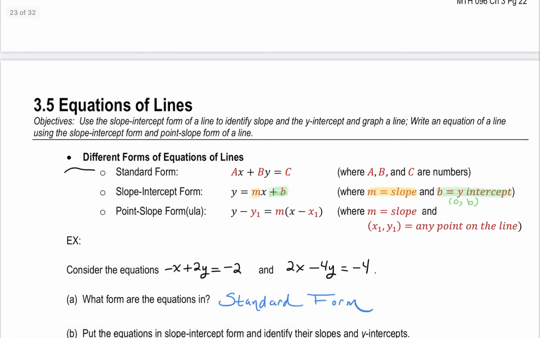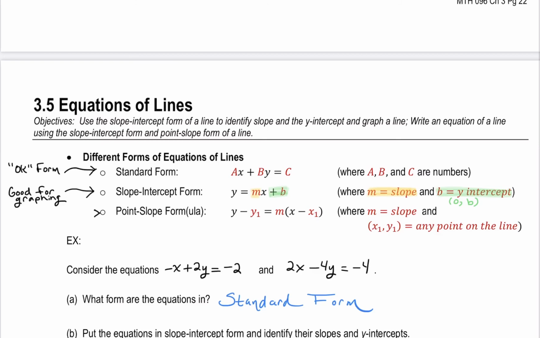As we compare these three forms, I would say the standard form is an okay form. There's nothing wrong with it. The slope-intercept form is a real nice form of the line, and particularly good for graphing. We just discovered that it's really useful for graphing. It also gives us a unique solution.